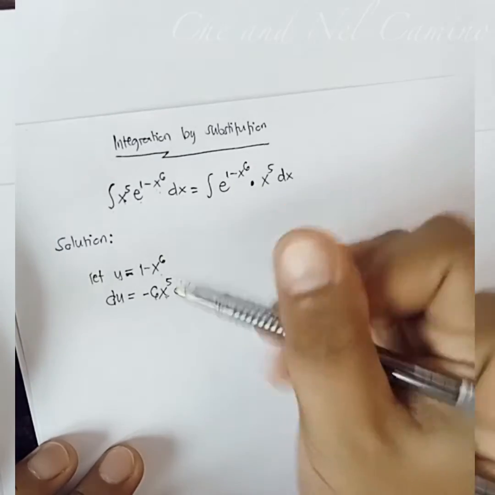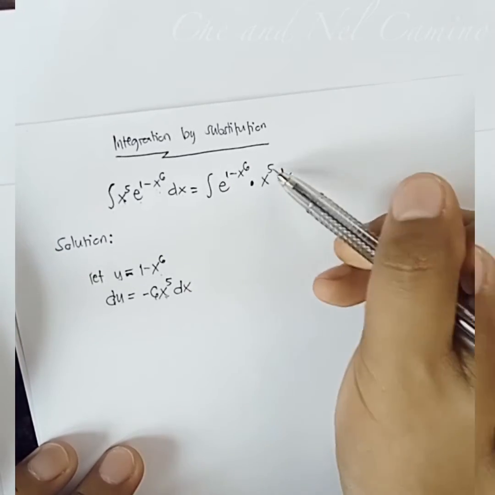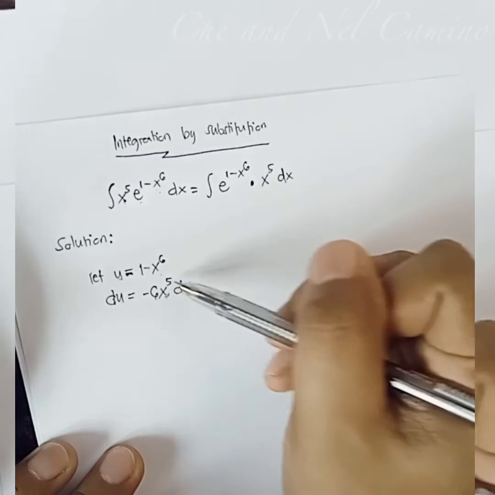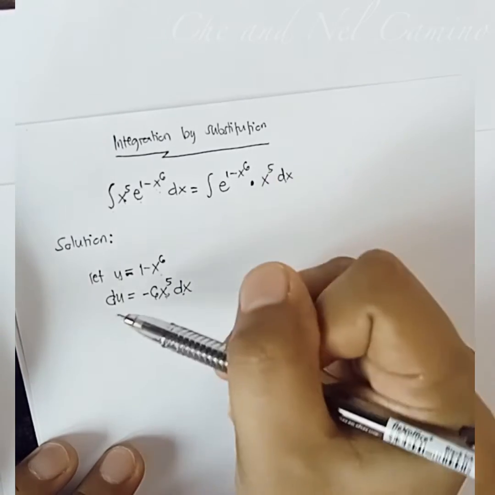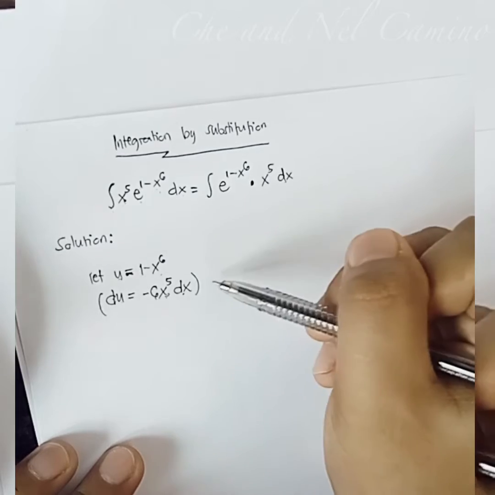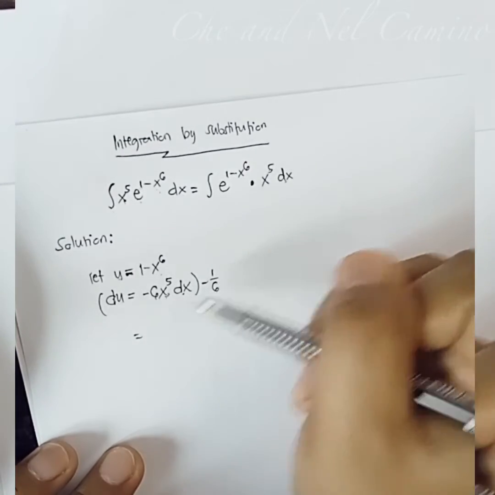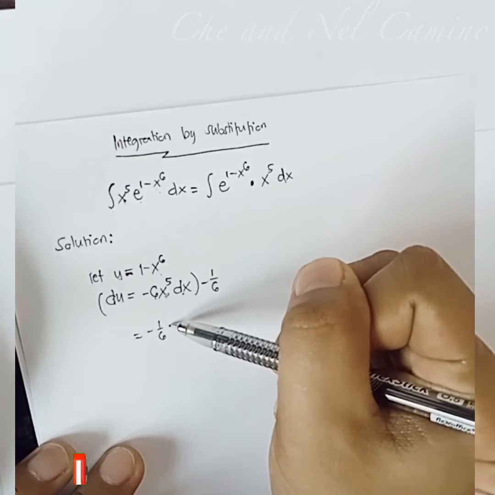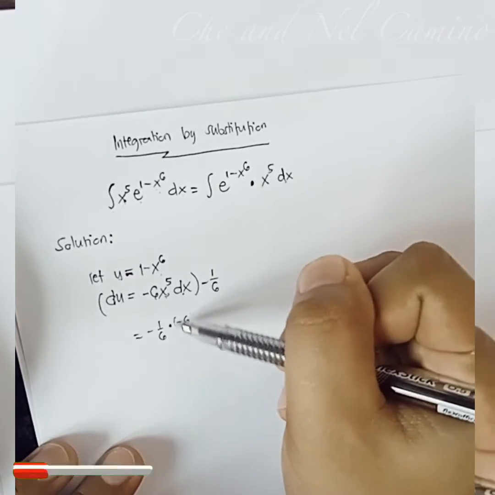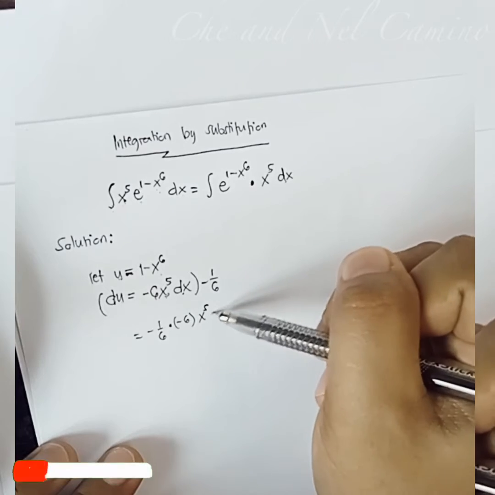Since we have x to the power of 5 dx here and here, we are going to multiply both sides by negative 1 over 6. So we have negative 1 over 6 times negative 6 x to the power of 5 dx.